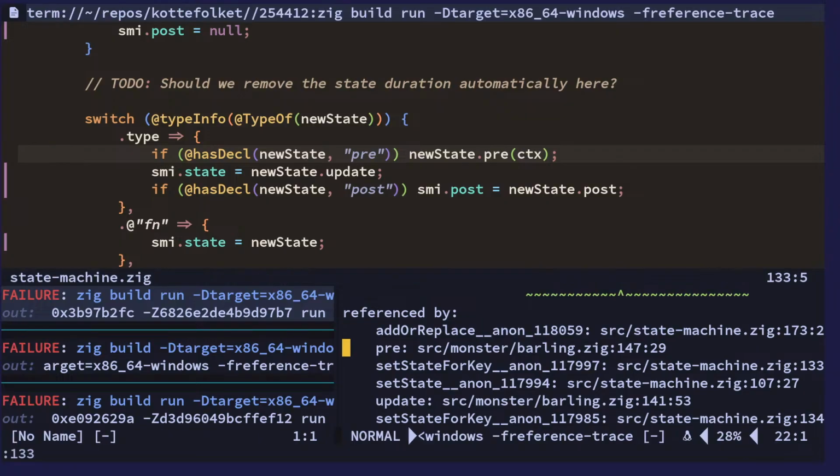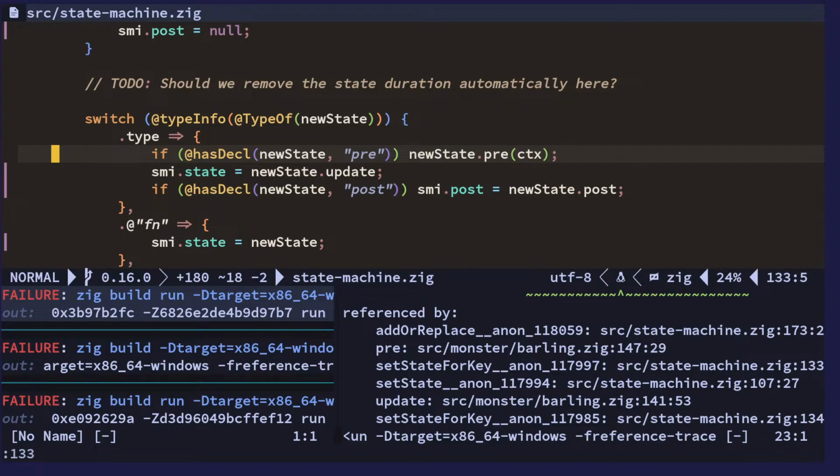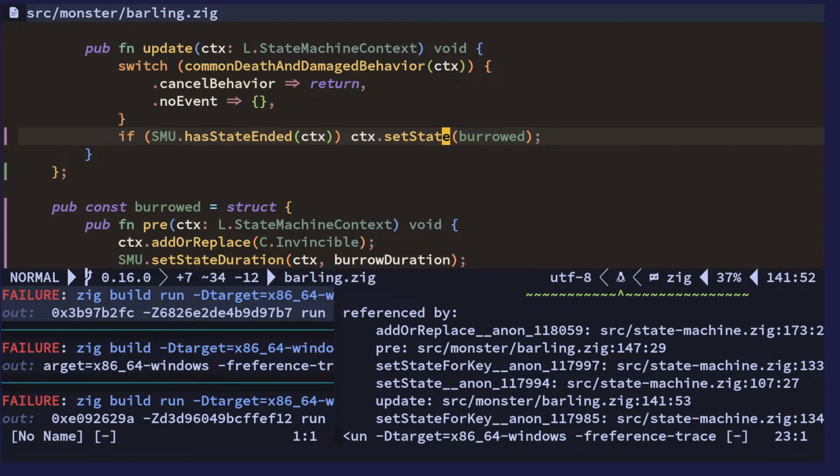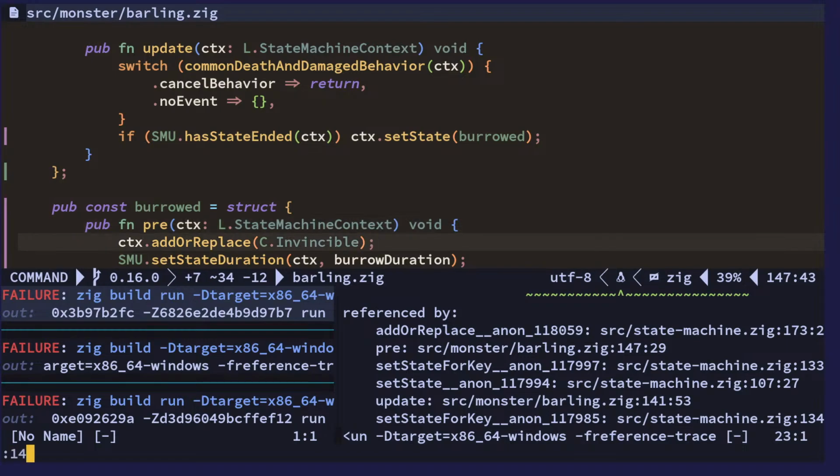Oh, new state dot pre. Okay, so it's calling pre, right? Okay, so we're calling this function and then there we are. Oh, I see.